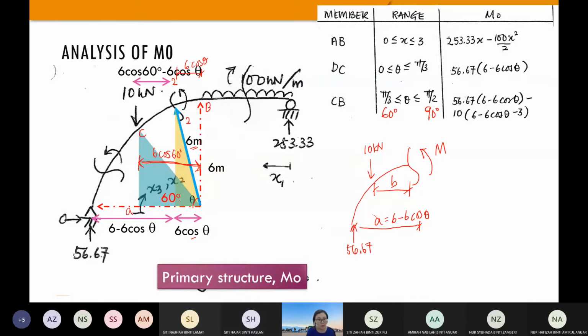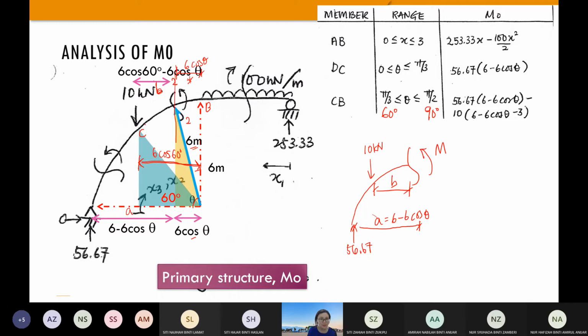Yes, because we know that this angle is 60 right now for this green triangle. So you have 6 cos 60, and you have determined 6 cos theta here. So this will be the B. How to get the B? You must have 6 cos 60 minus this 6 cos theta. I can't draw it for you right now.